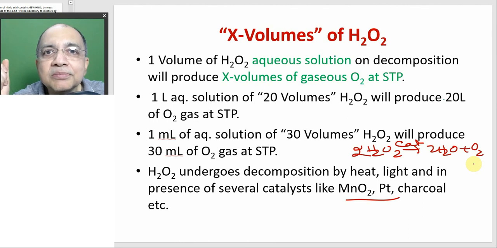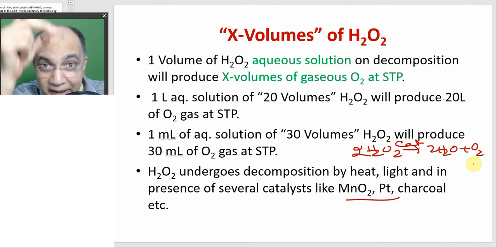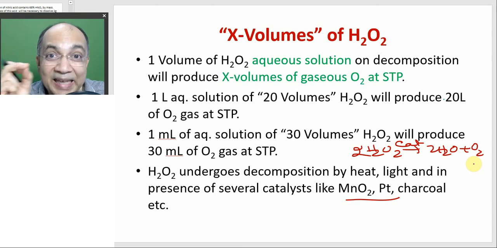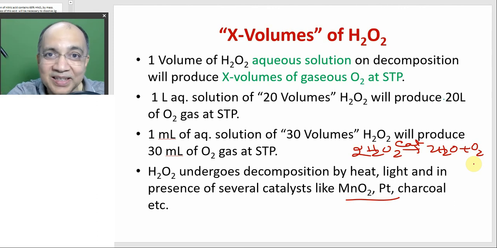It means if you take 1 milliliter, let's take it now in terms of milliliters, 1 milliliter of such an aqueous solution, and decompose it at STP and collect the oxygen gas, you will find it will be 30 milliliters of oxygen gas. 1 milliliter is liquid solution. So 1 ml of the liquid solution will produce 30 ml gas. So this is liquid solution, that is gas.